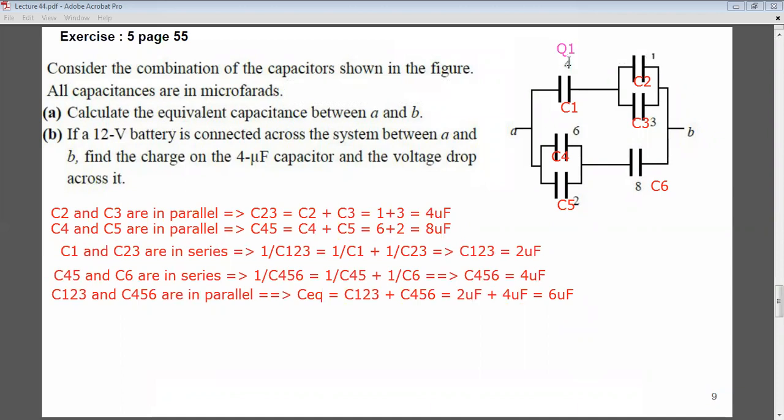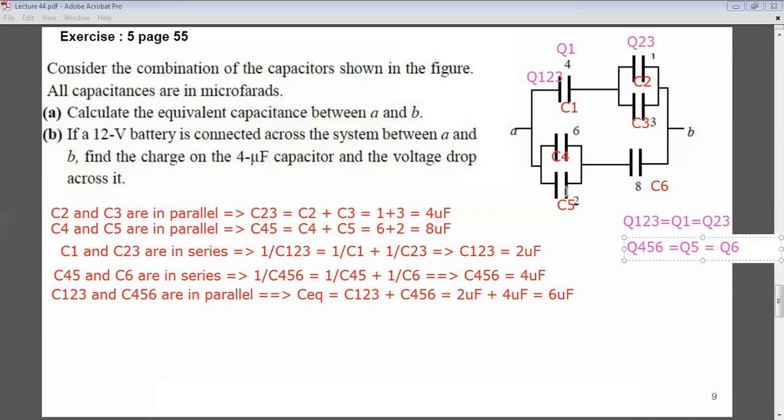What do I know? I know that Q1 is equal to Q23 because these two are in series, and this is equal to Q123. So I know that Q123 is equal to Q1 is equal to Q23. The same thing down. I have Q456. Q456 is equal to Q45 is equal to Q6.